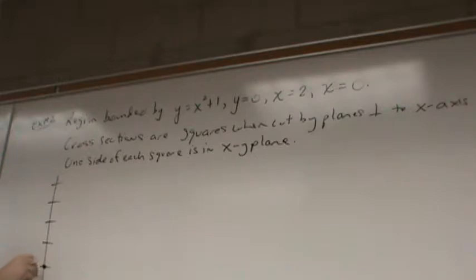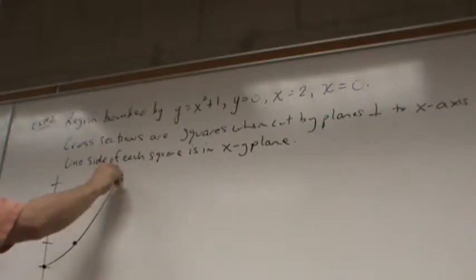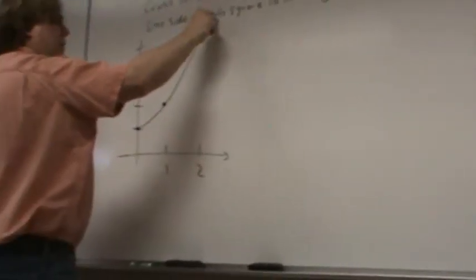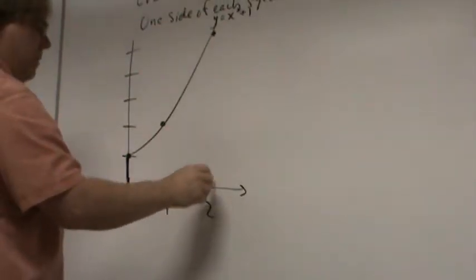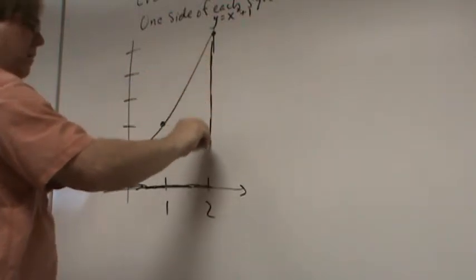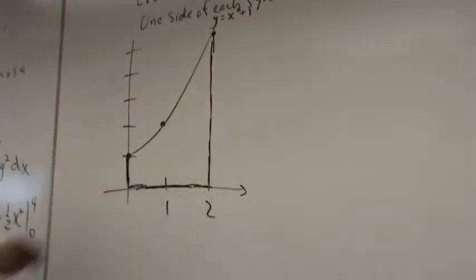When x is 0, y is 1. When x is 1, y is 2. When x is 2, y is 5, so I've got this. This is y equals x squared plus 1. And it's bounded by this, by this, and by this. So this is my area, this is my base.